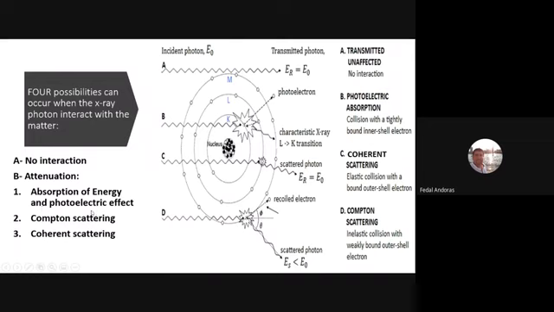So these are four. But here I did no interaction and attenuation, and then from attenuation, we have three different effects that will happen. So photoelectric absorption, B, I will talk in detail, just see the image.